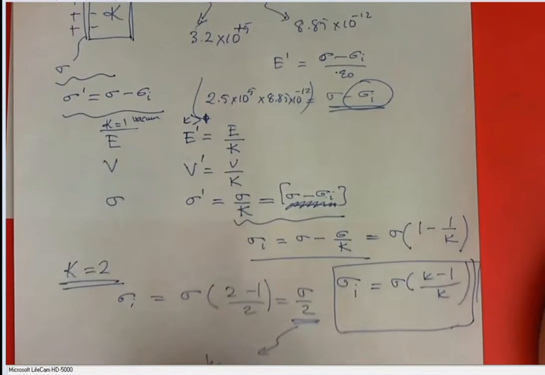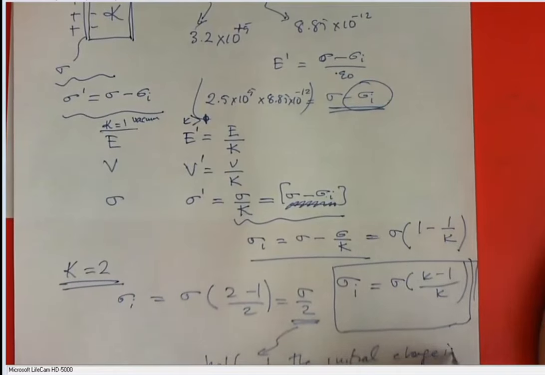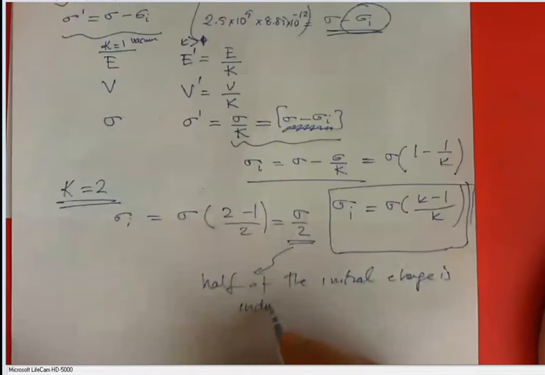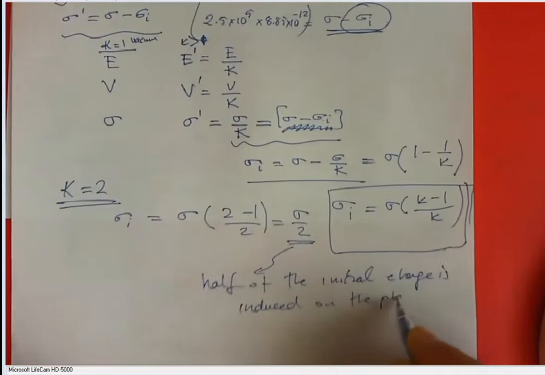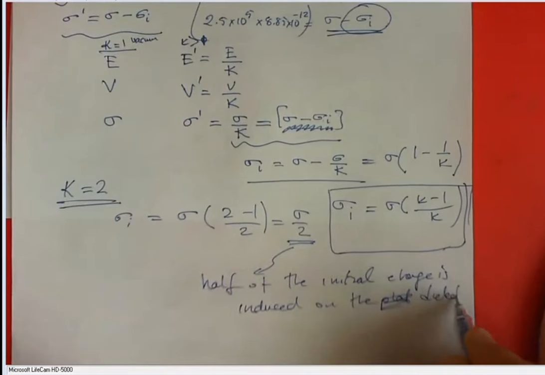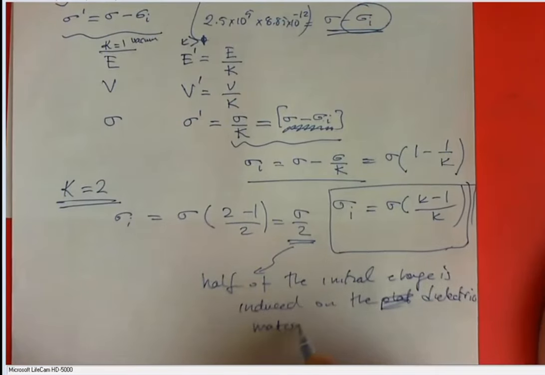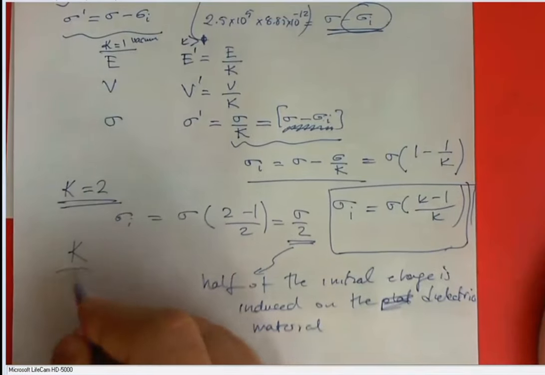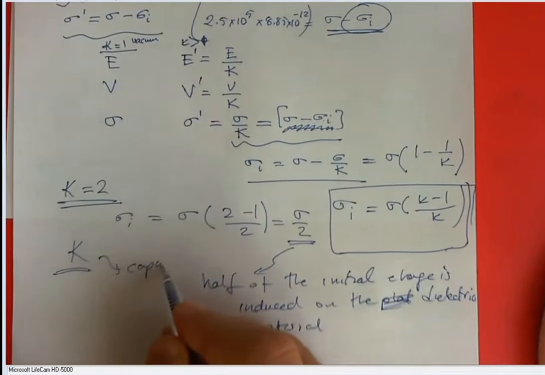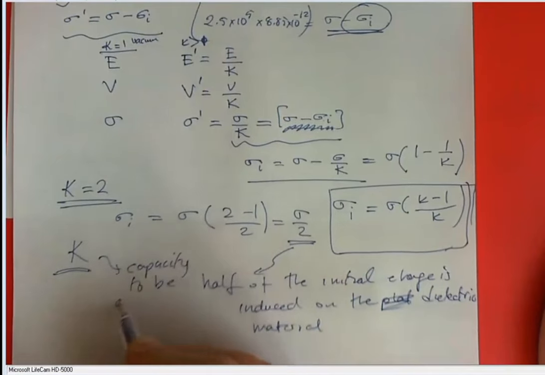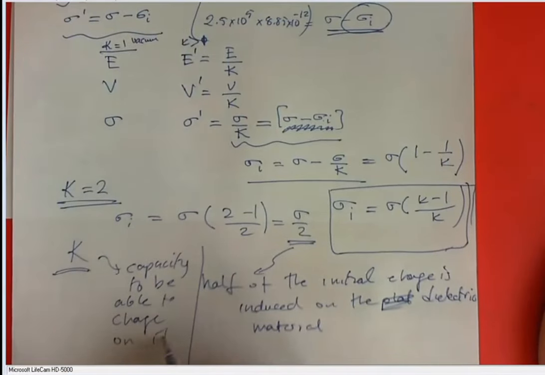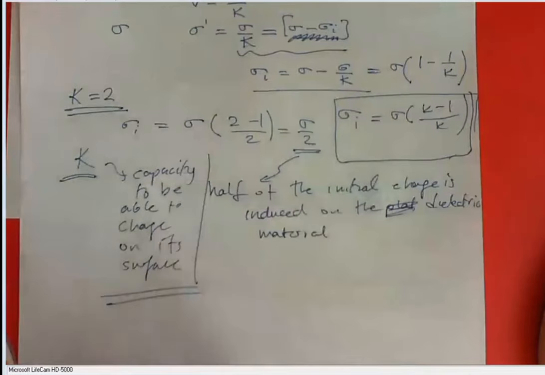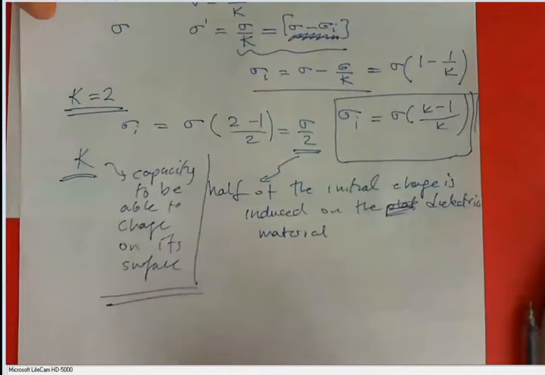What it means is half of the initial charge is induced on the plates, on the dielectric material. Every material has a different kappa, and it shows its capacity to be charged on its surface. That's the thing about kappa.